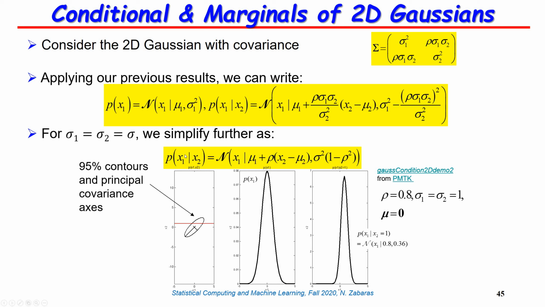So you can define the marginal of x1 having mu1 and sigma1 squared as the mean and the variance, and then you can define the conditional, and I give you plots of this on the bottom of this slide together with the equal probability contours.